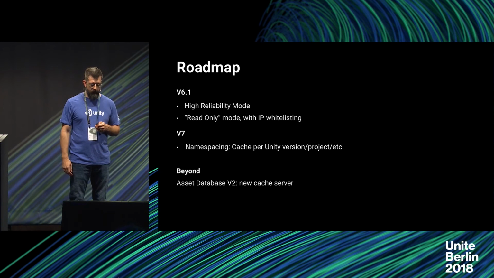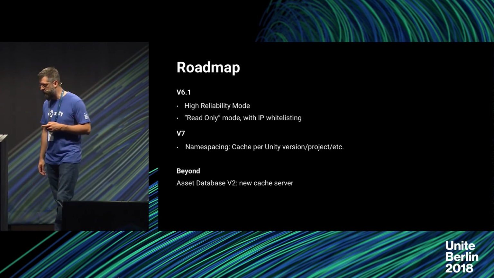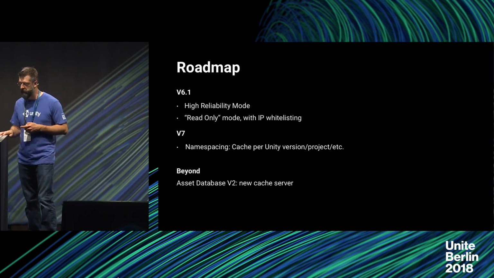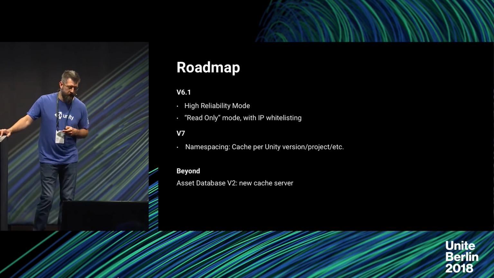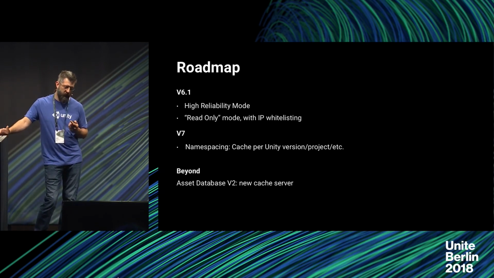And then beyond that, sometime next year, Unity is going to introduce a new asset database. I can't go into a lot of detail about that right now. But along with this new asset database comes an integrated cache server because it's a significantly different architecture.